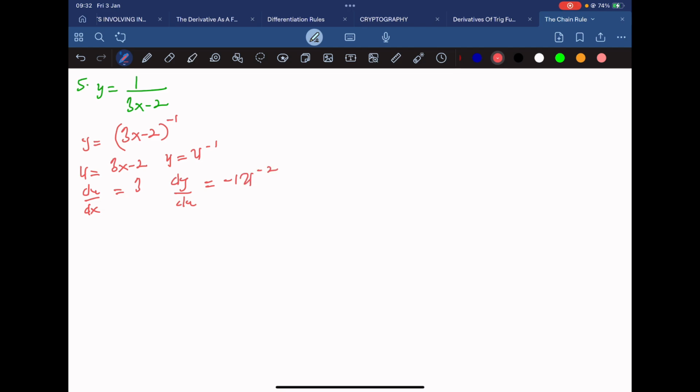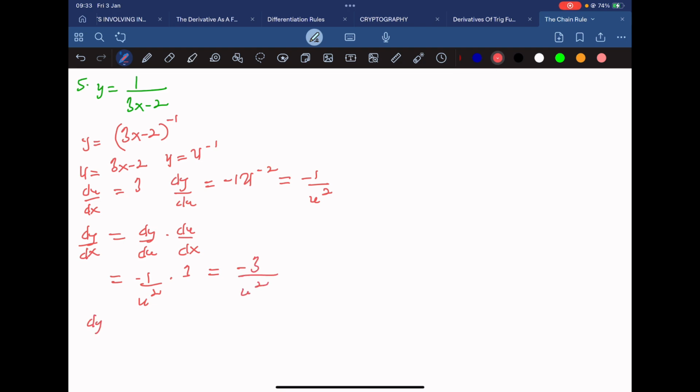So this is basically negative 1 over u squared. So now dy/dx is just dy/du multiplying du/dx. So this is equal to, now dy/du we had negative 1 over u squared, and du/dx we just had positive 3. So if we multiply these two, we have negative 3 over u squared.